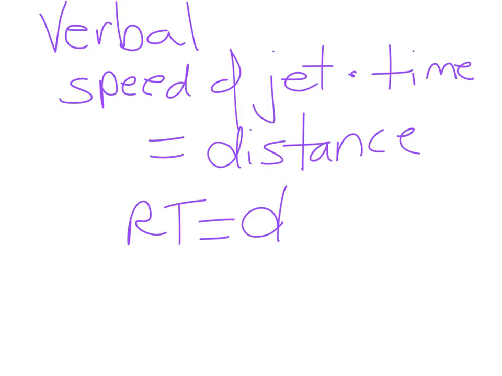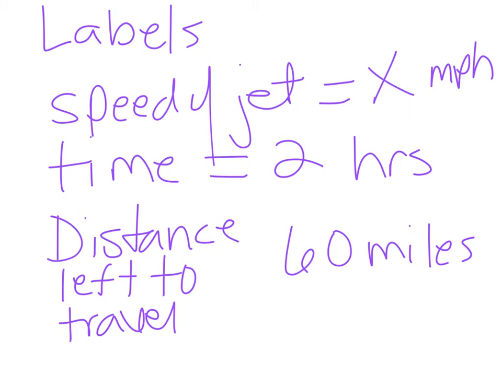So this is our verbal model: the speed of the jet times time equals the distance, and that is the rt equals d that you should have memorized by now.